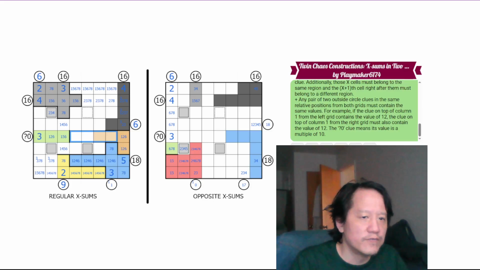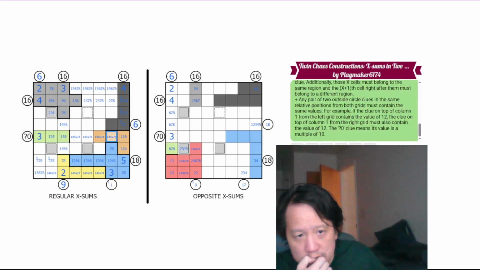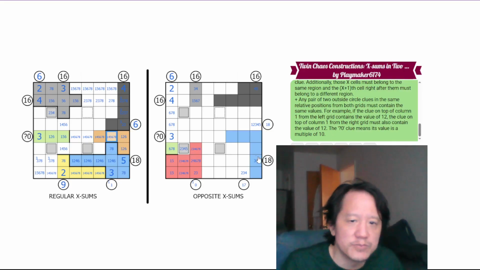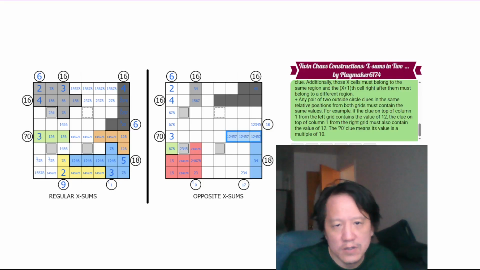So we'd have 1, 4, 5, 7, 8. I guess we could have 6 also. This adds up to 10 with 3 digits. No 3. It could be 1, 2, 7 or 1, 4, 5. So we're guaranteed a 1 there.